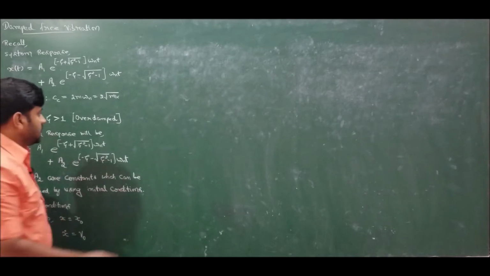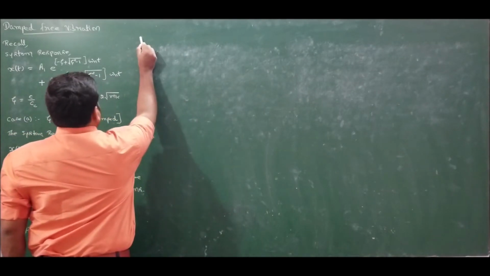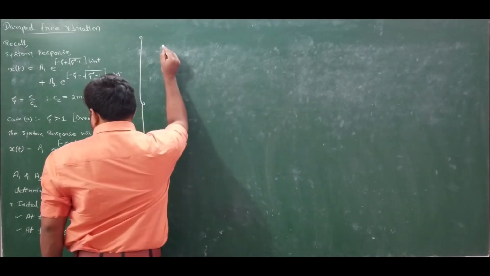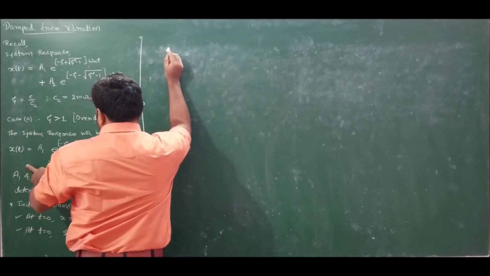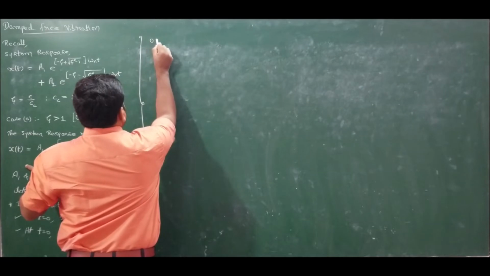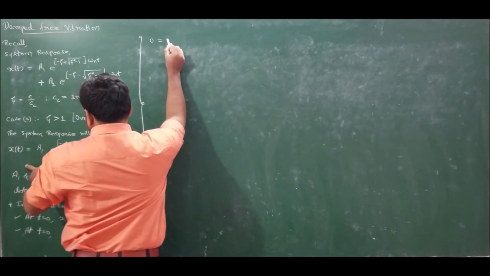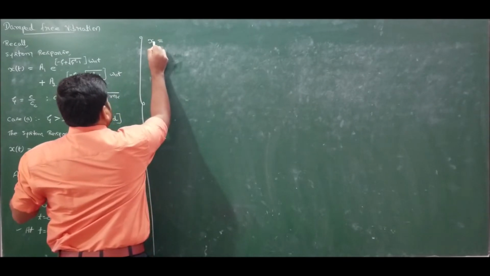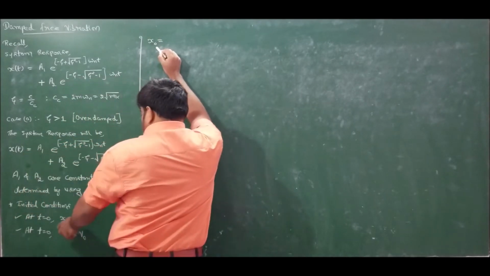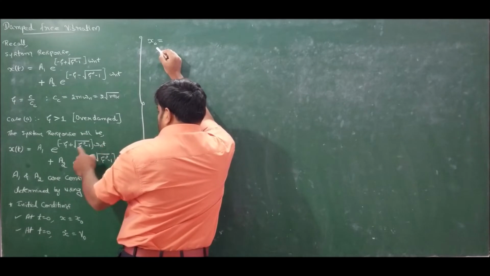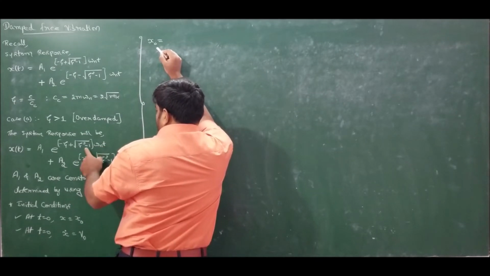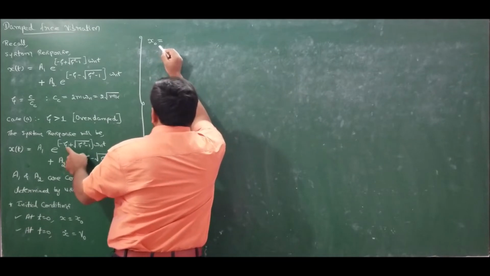If I use the first initial condition, what am I going to get? Sorry, it is x0. x is equal to x0, substituting t is equal to 0. Zero into anything will become 0, and exponential to the power of 0 is unity.